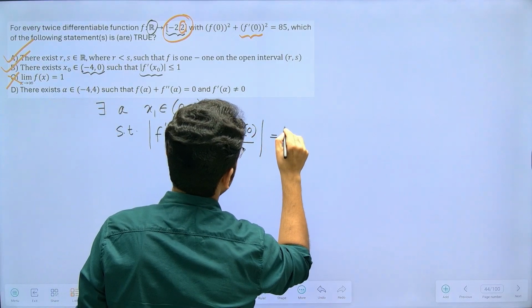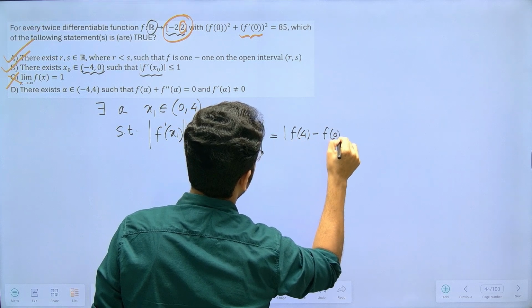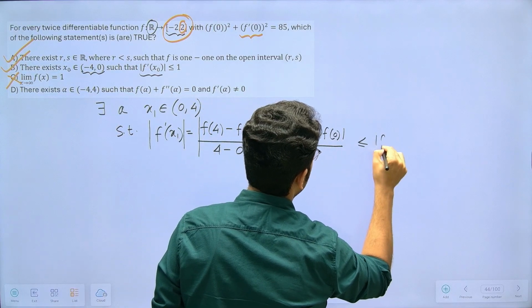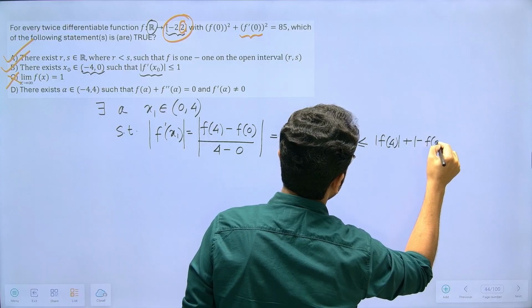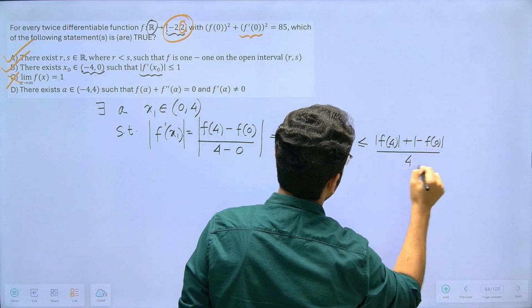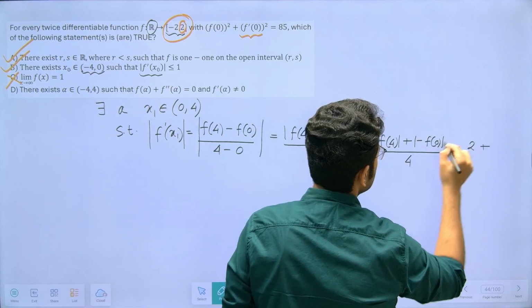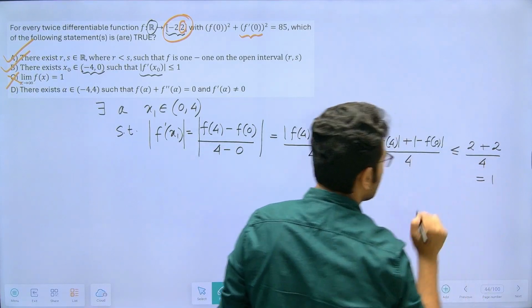So this is equal to mod of f4 minus f0 divided by 4, and this value will be less than or equal to mod of f4 plus mod of minus f0, by 4, and this value again will be less than or equal to 2 plus 2 by 4, so that is 1.